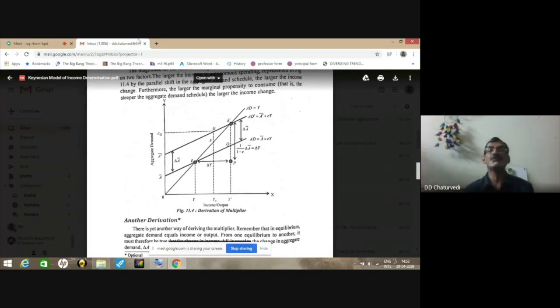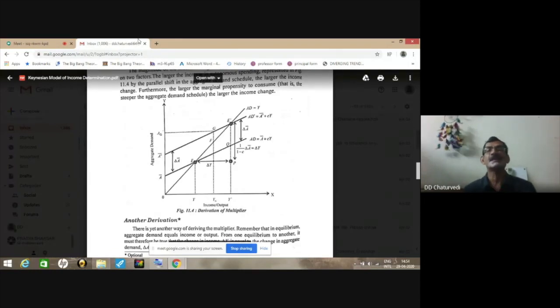This is the reason why the new equilibrium point E dash, where the new aggregate demand curve intersects the aggregate supply curve or 45-degree line, corresponds to a higher level of output. It is OY dash in comparison to the original output level of OY. So when you straight away move from E to E dash, what we get is known as the static multiplier.